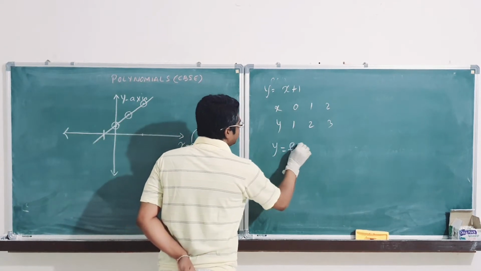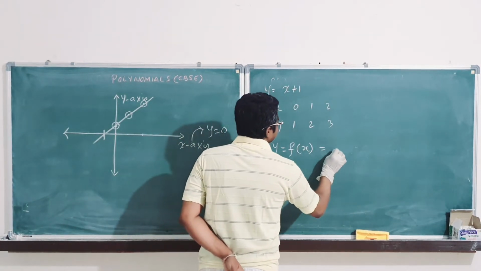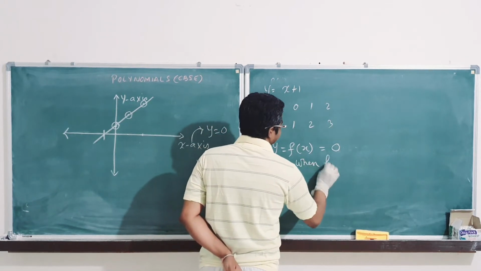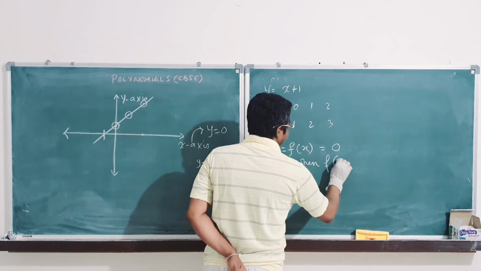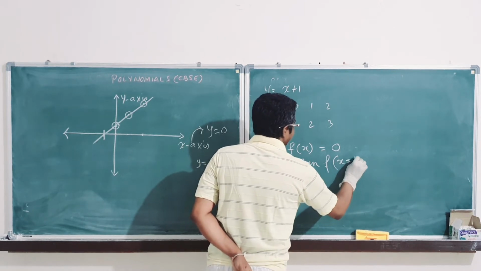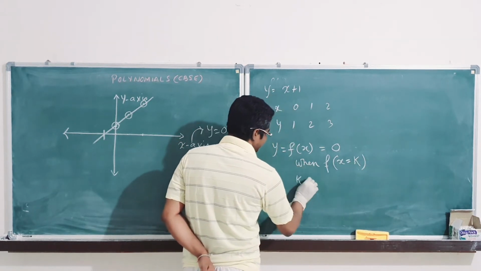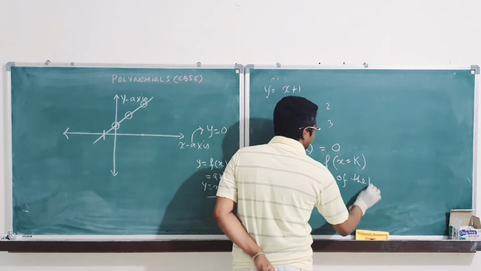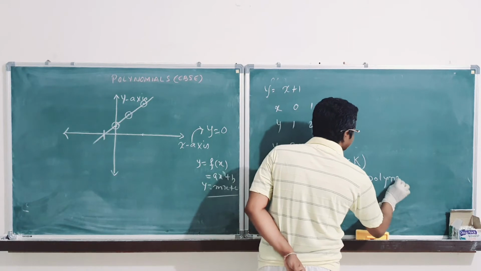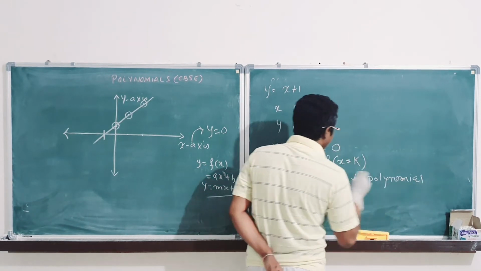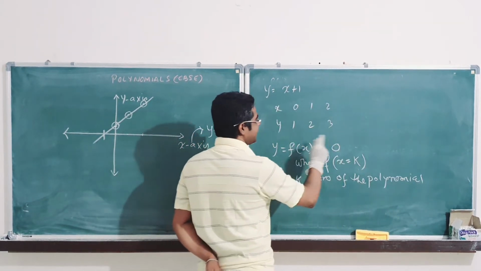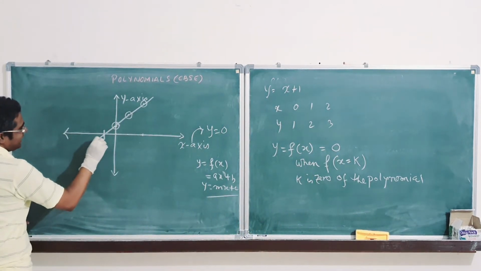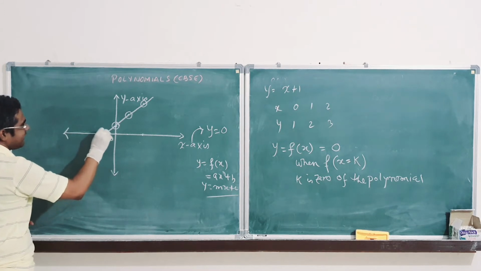We said y is equal to f(x), and f(x) is equal to 0 when x is equal to k, and this k is the zero of the polynomial. So the value of x for which f(x) is 0, that means y is 0, that means it is cutting the x-axis at y is equal to 0.